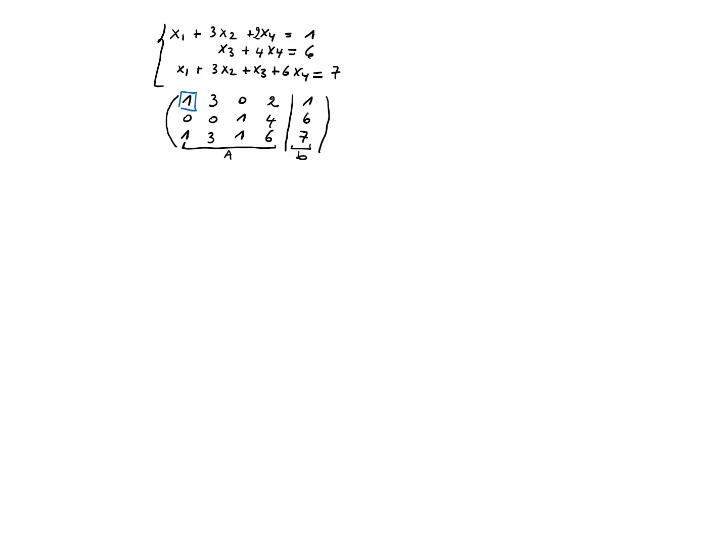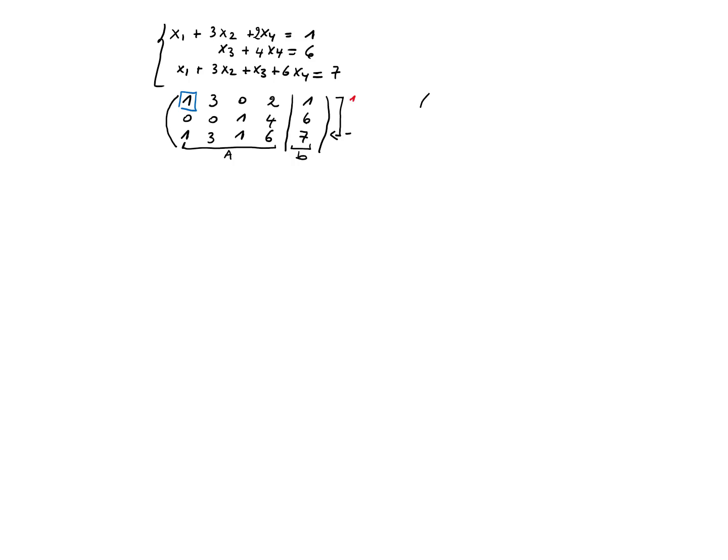We already have a 0 in element 2,1, so we need to do only one operation to bring element 3,1 to 0. The pivot is simply the entry divided by the pivot, so it's a 1 over here.